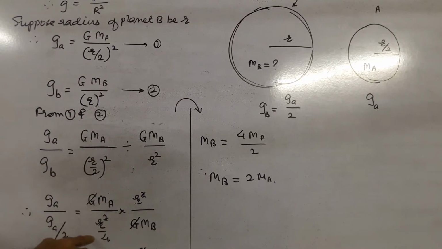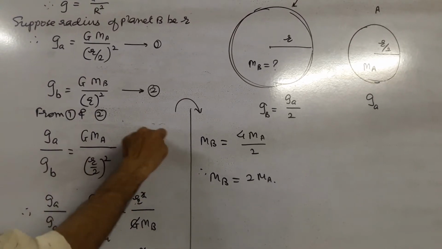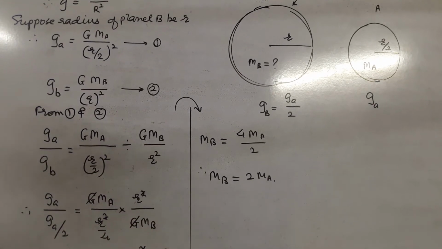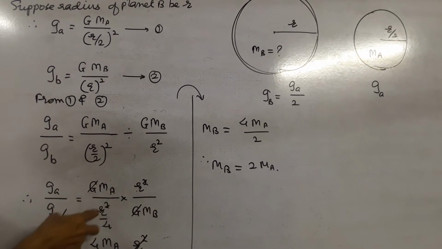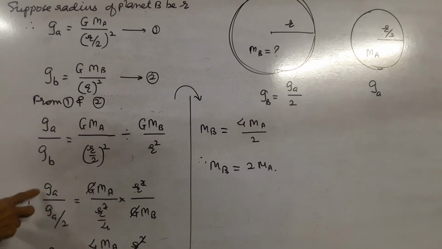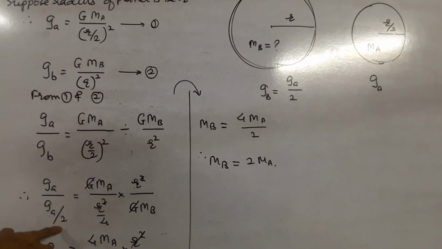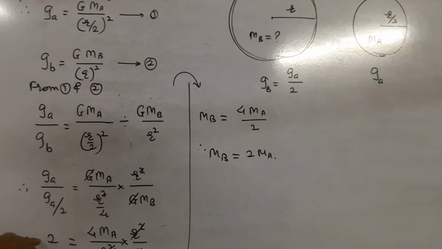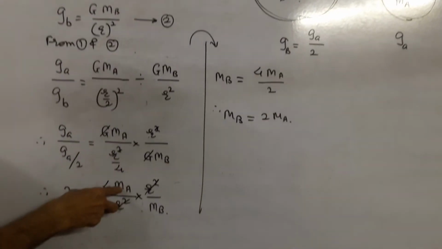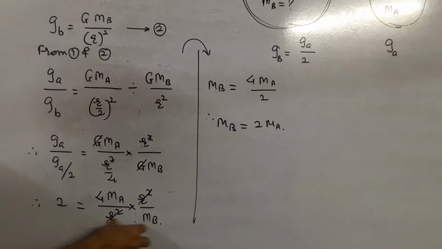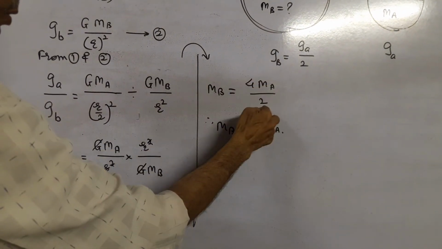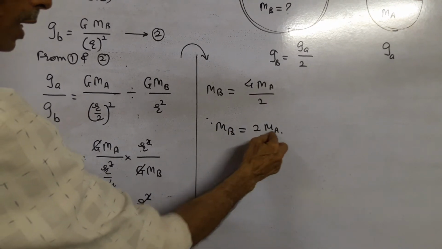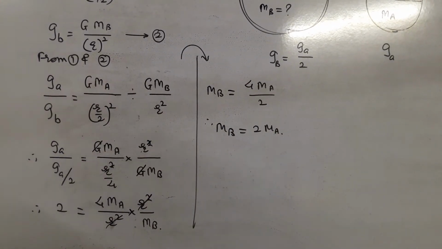So the square of this into r square, this will go to the numerator and this to the denominator. Now G will get cancelled, r square also will get cancelled. So this 2 in the denominator will go to the numerator, and that equals 4 Ma upon Mb, and therefore Mb is equal to 4 Ma upon 2, and therefore Mb is equal to 2 Ma, which is the answer.